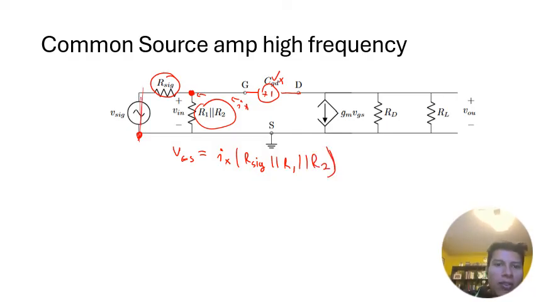So Ix flows into these three in parallel, and so that should be VGS.